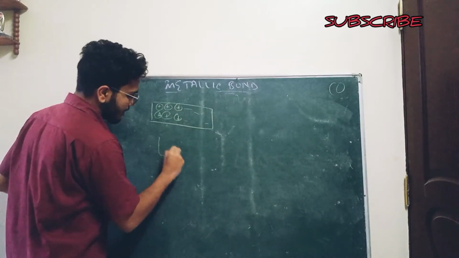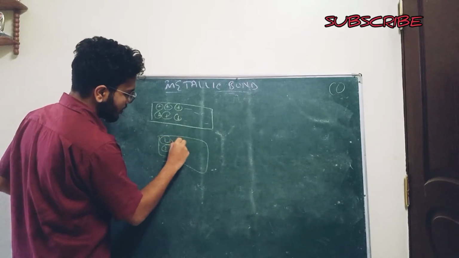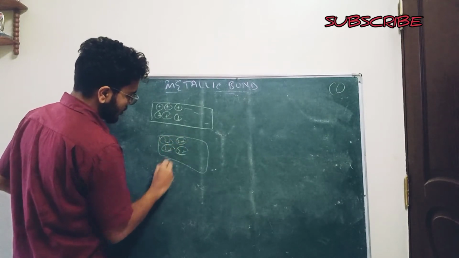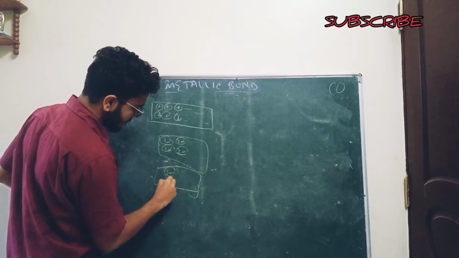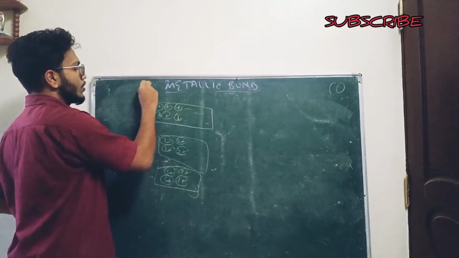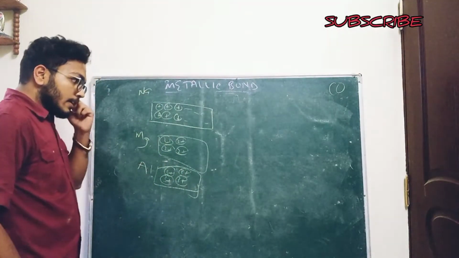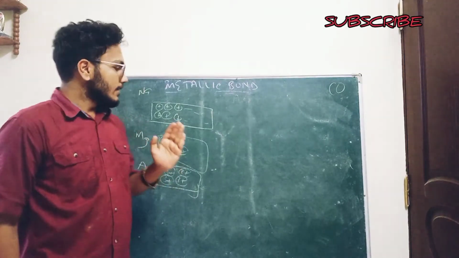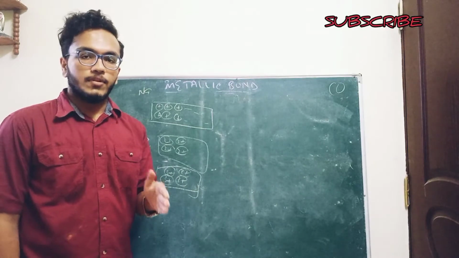And we have magnesium, it is 2 positive. We have aluminium, which is 3 positive. So this is sodium, this is magnesium, and this is aluminium. Note, the number of delocalized electrons determines the strength of the metallic bond.